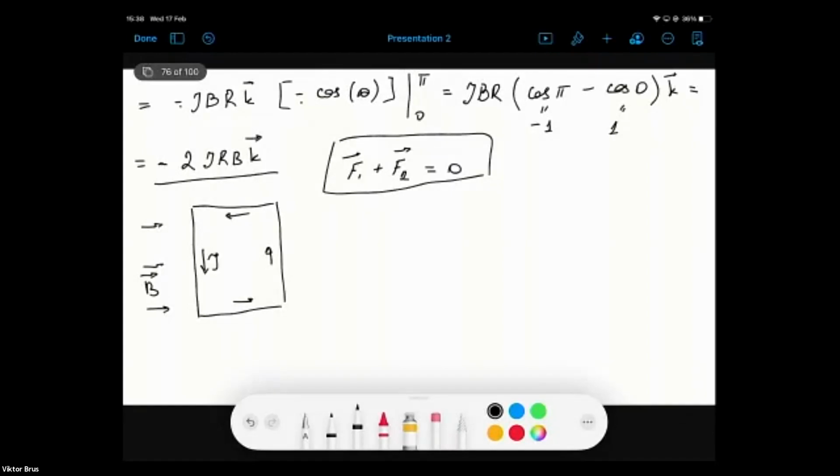This is I, and let's give numbers to each of these segments: 1, 2, 3, and 4. The length of this rectangle will be A, and the width will be B.